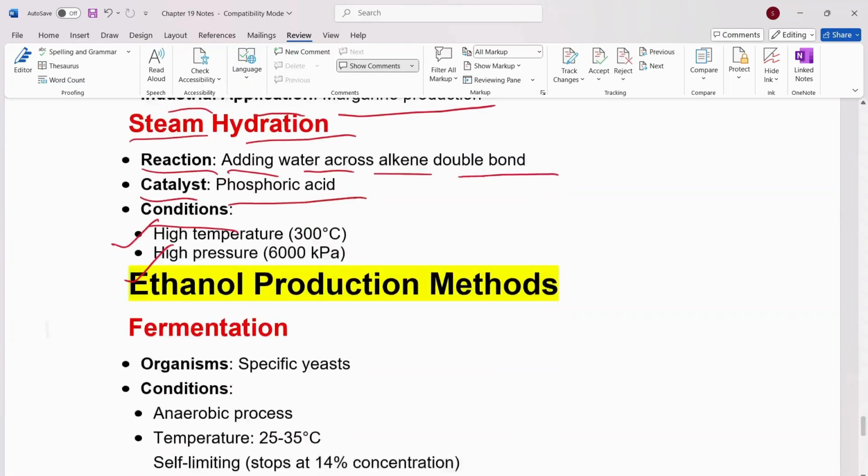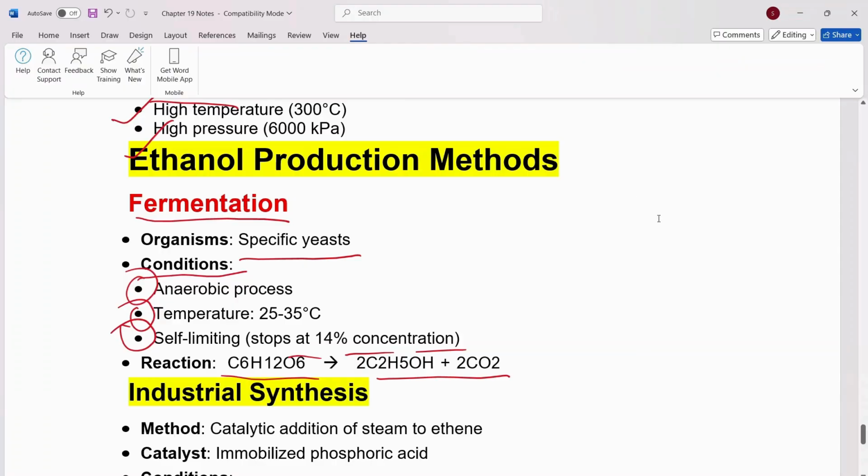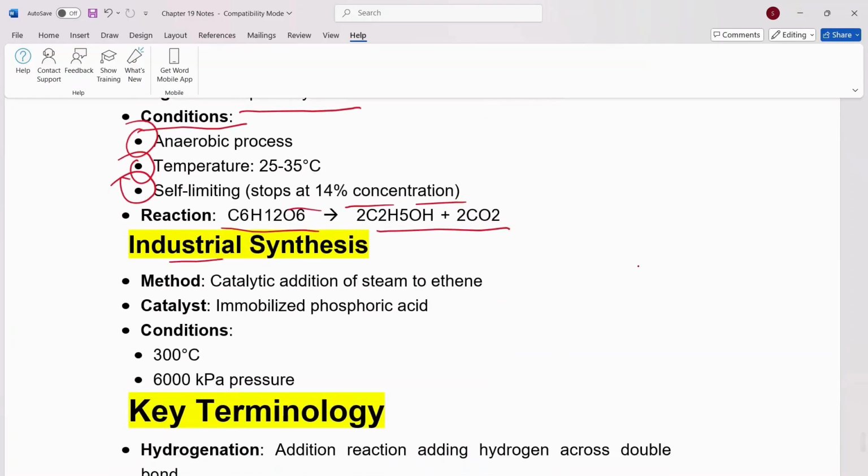Now let's talk about ethanol production methods. Here we have fermentation. Organisms: specific yeast. Conditions: anaerobic process, temperature between 25 to 35 degrees centigrade, self-limiting, stops at 14% concentration. The reaction in front of you is producing ethanol and carbon dioxide. Let's talk about industrial synthesis.